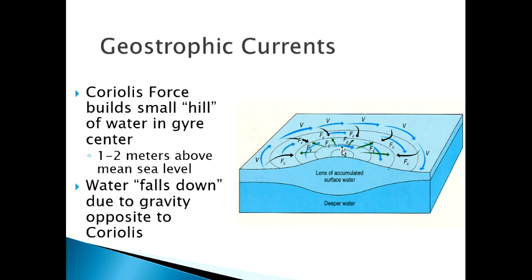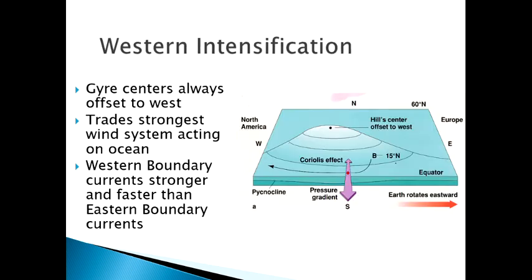The water then falls down. That's this opposite force, because water doesn't stack up continuously; there is an equal and opposite force to the Coriolis. Remember that it creates this bulge. The bulge isn't perfectly symmetric. It is offset.